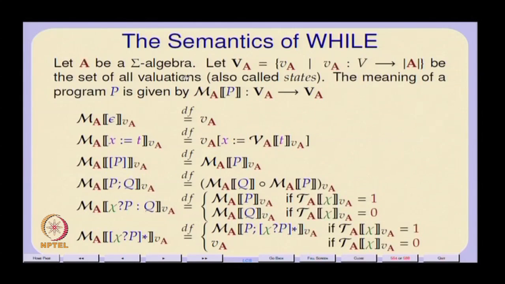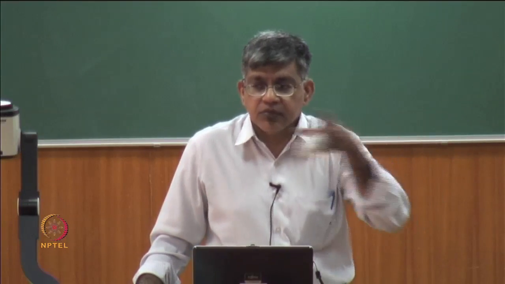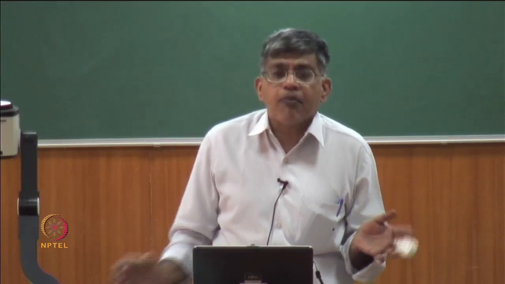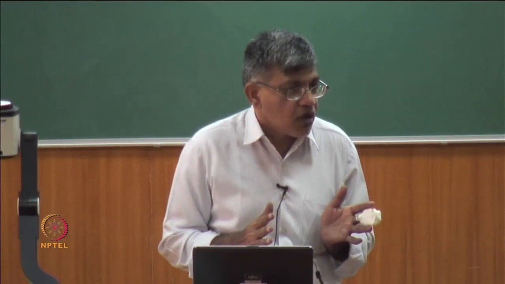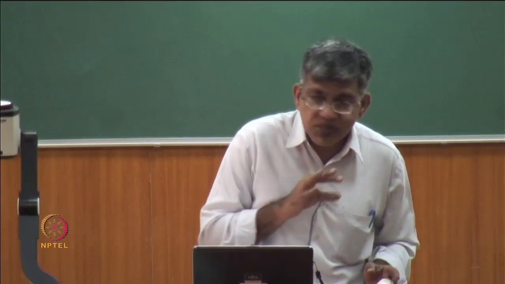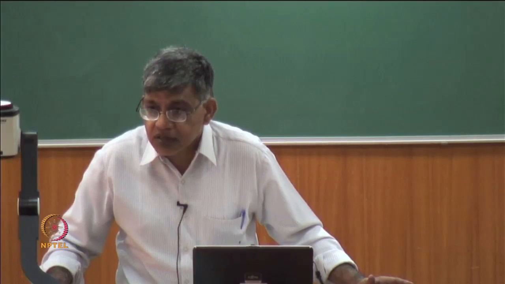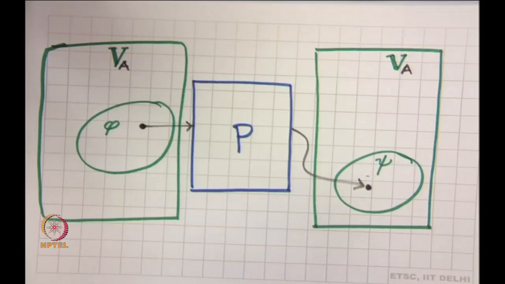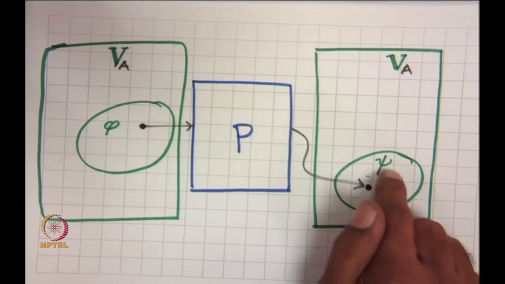If you remove I/O from the program and make every program purely functional, single input, single output, then let us say it reads the input from some area of memory, let us say all the variables that are required to have certain values, then the variables bear certain interrelationships, of which you are interested in only a small set of those interrelationships, and that set of interrelationships that you are interested in is defined by this phi, and what you are interested in achieving is some other interrelationships between those variables, and that is what you specify by psi.